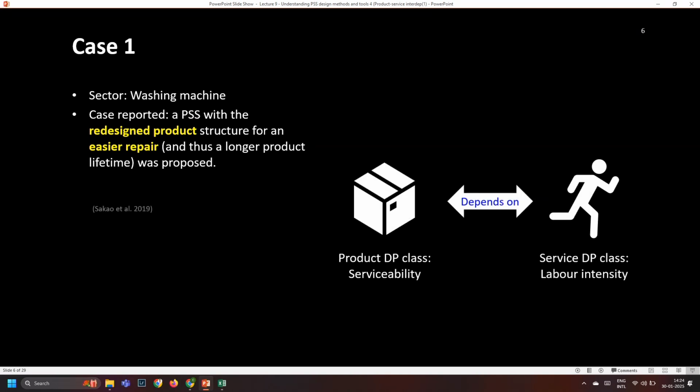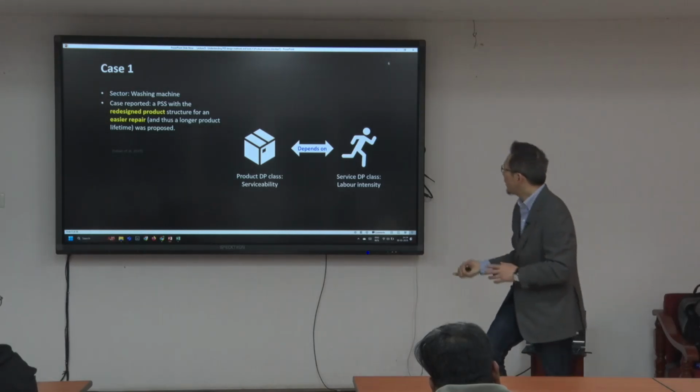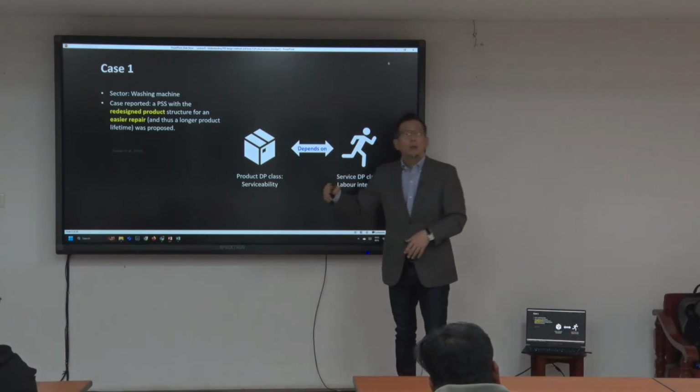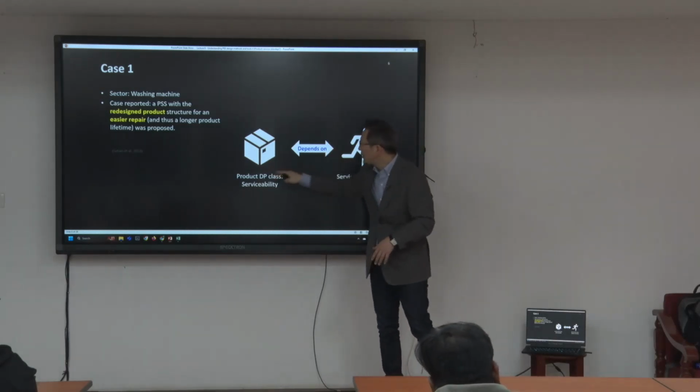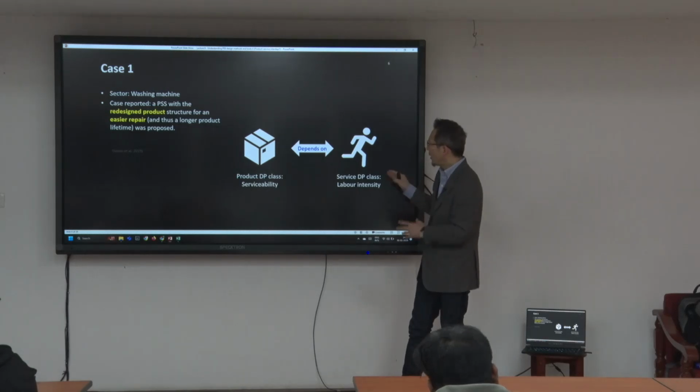And we see dependencies. The product, in this case the washing machine, depends on the service, in this case repair. And the repair performance depends on the product design. So therefore, the direction of the dependency is bidirectional, okay? And earlier we discussed product design parameter categories and service design parameter categories.